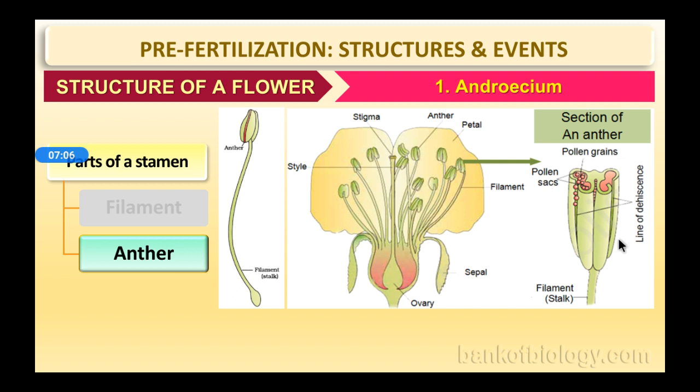So one anther consists of 4 pollen sacs which bear the pollen grains. I hope this is clear to you, and we need to study the structure of the microsporangium, which will be discussed in the next slide. Thank you.